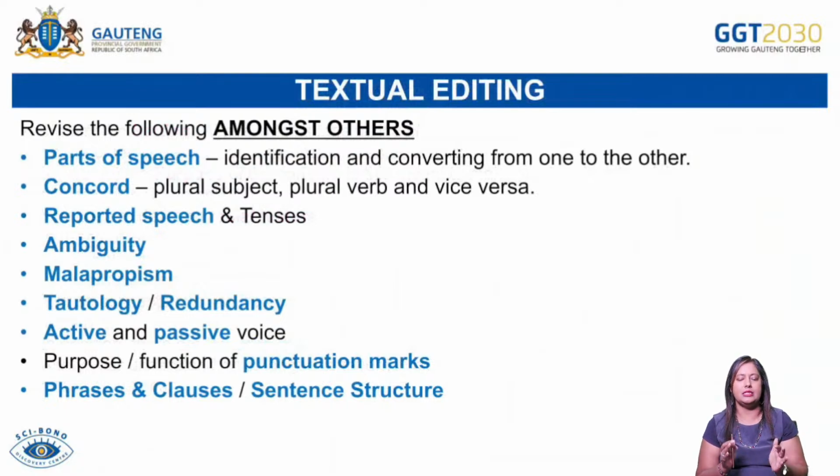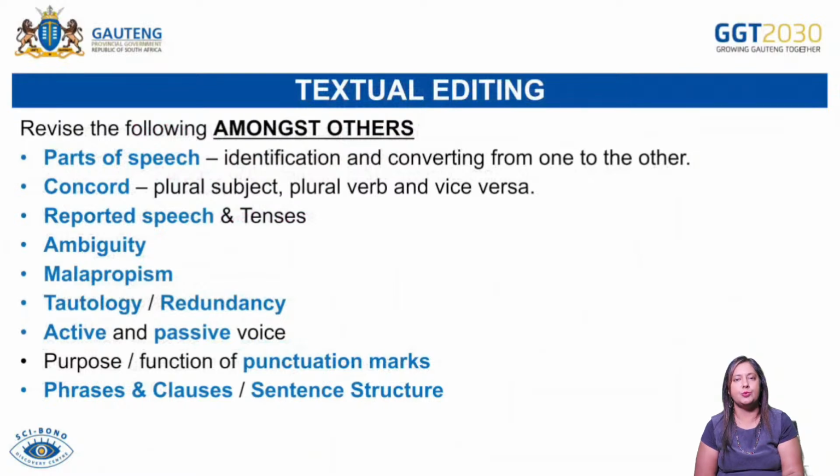But the last 3 years showcases the changes that have happened in the language paper. So you will note, for example, in question 3 and 4, there will be language concepts being tested over and above the actual concepts that we're looking at for cartoons versus adverts.